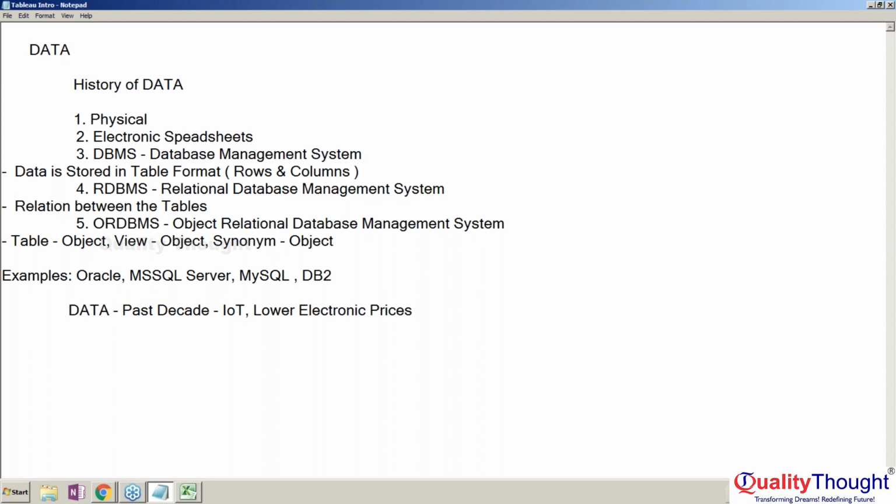So in order to handle that big data, we already have something called big data technology in place for the application level.